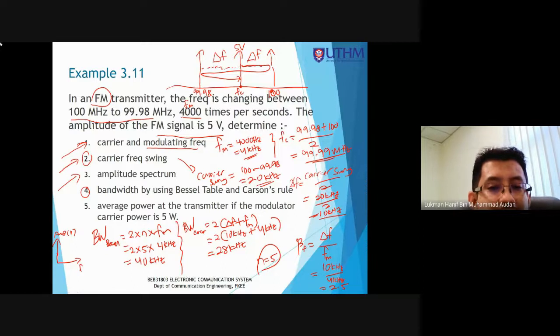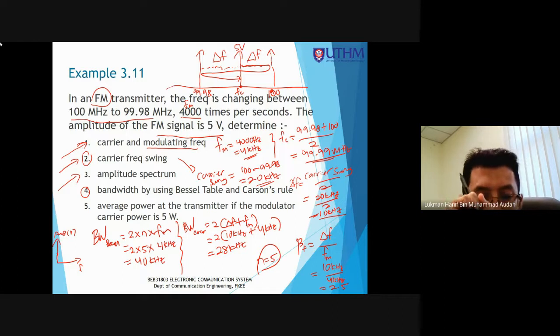Okay. Question number 5. Find the average power at the transmitter if the modulator carrier power is 5 watt. Apa maksud dia? So soalan ini tanya berapakah power, average power, remaining power at the transmitter if the modulator itself produce 5 watt.